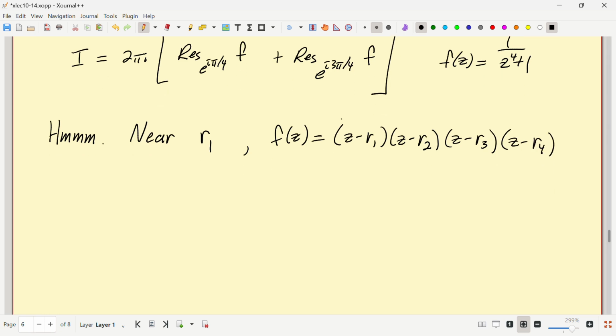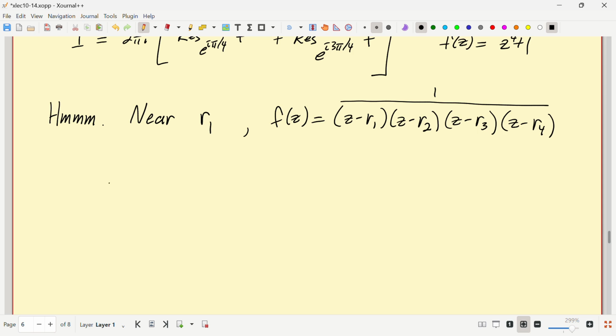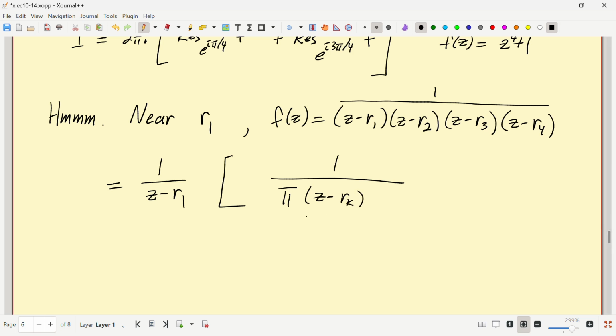And I can pull out the 1 over z minus R1. And then what's left there is 1 over the product of z minus Rk, where k is unequal to 1. That's analytic near R1. So it has a regular power series.